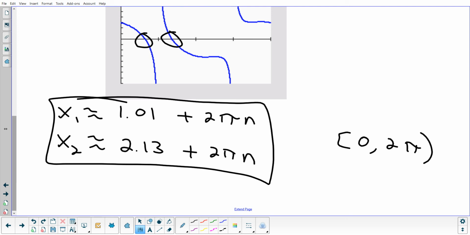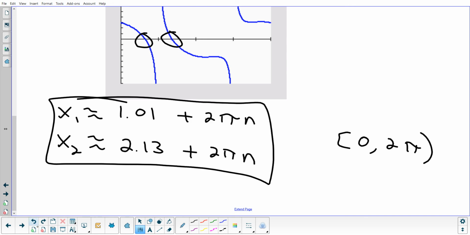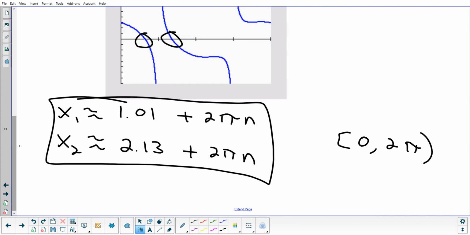So if this is what the direction said, that would be the answer. Because they specifically want the numbers between 0 and 6.28. They don't want anything else. If they want something else, they'll write all. And then you write it this way. Most of the ones we do today, I think all of them, we do the plus period n. Questions on that one?